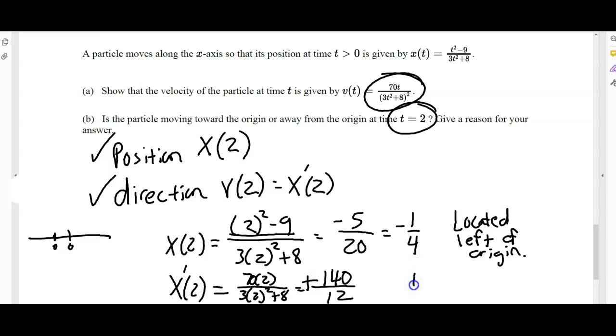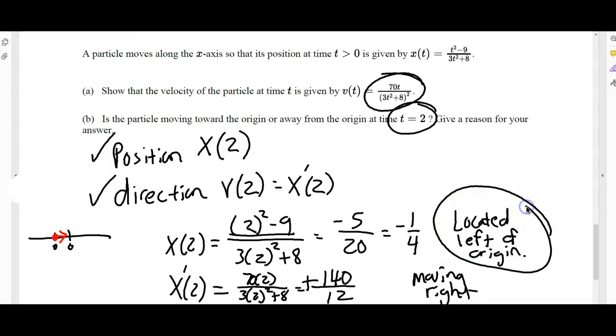So my object is moving to the right. Okay, and so since my particle is located to the left of the origin and it's moving to the right, is it moving towards the origin or away from the origin? As you guys can see, it's moving towards. So now really what I have up here is enough. I've already explained what this is. I've explained what this is. So now I'm ready to put my answer. It's moving towards the origin.